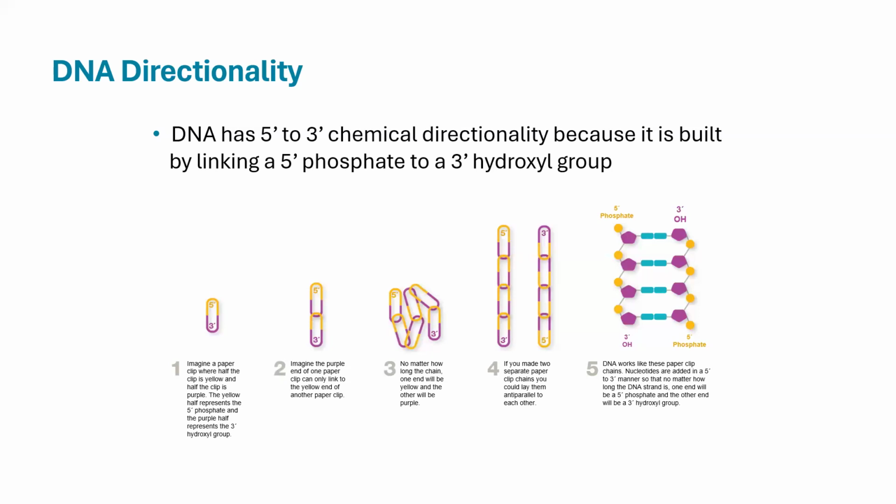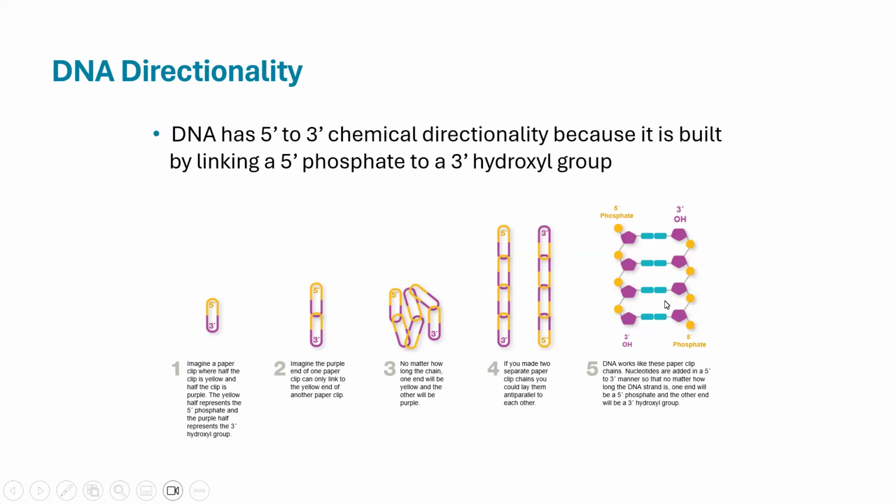Now, if we have two different chains of paper clips, then they're going to be organized in what is called an anti-parallel fashion, where one end is going to go 5 to 3 from top to bottom, and the other end is going to go 5 to 3 from bottom to top. And so this is what leads to what is known as the anti-parallel setup of DNA, where one side goes 5 to 3, and then the 5' end of the other strand is going to bind to the 3' end of the first strand, and it's going to go 5 to 3 in the opposite direction.